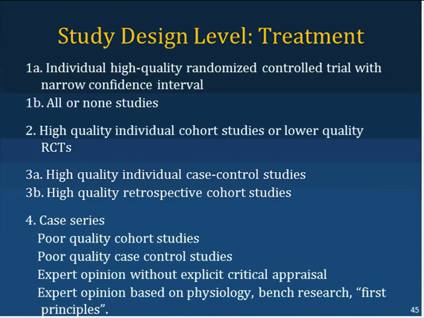Now, here's the problem with this. This is a design. It doesn't talk about execution with all those criteria that I showed you earlier. So it's fine to say that something has one of these ranks, but it's really not useful information until you actually read the study and find out how well it was executed.